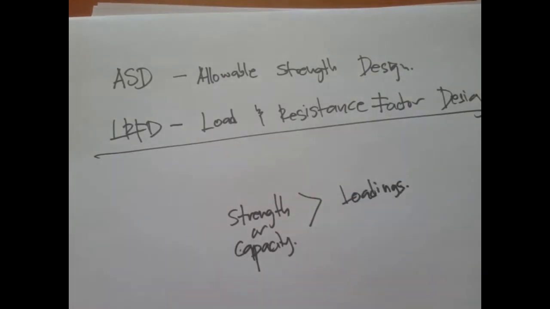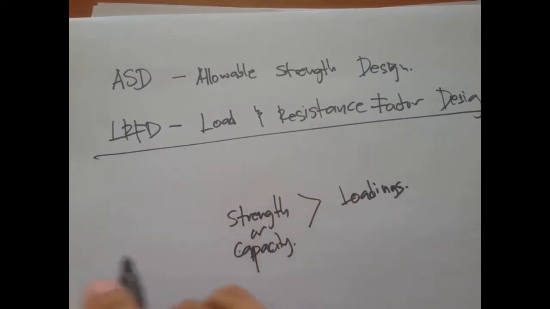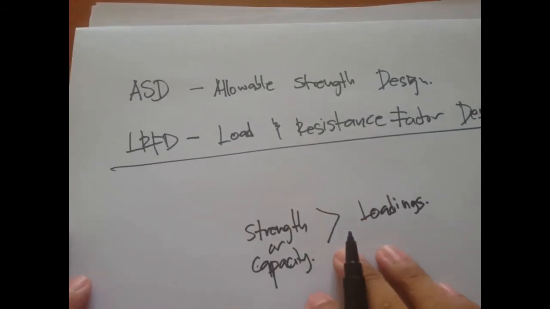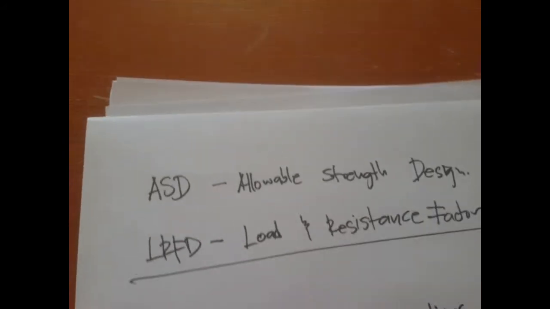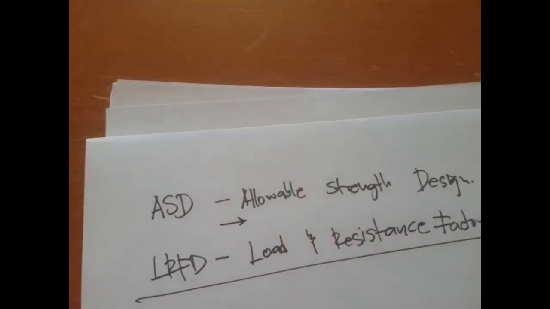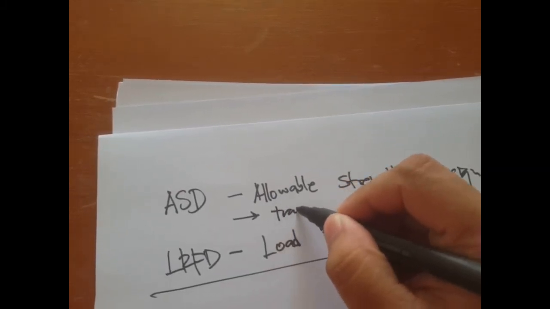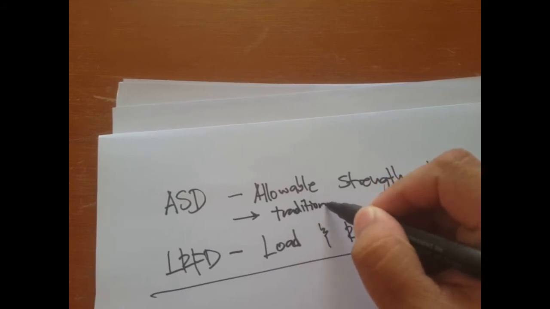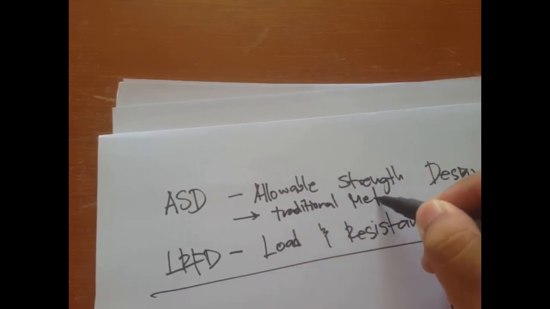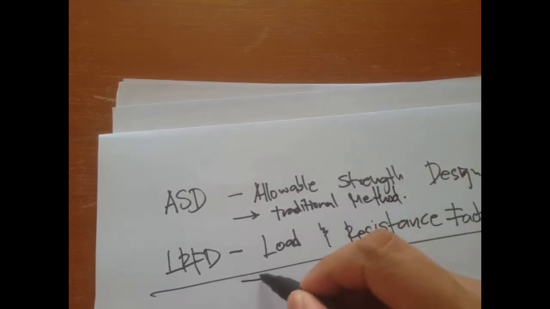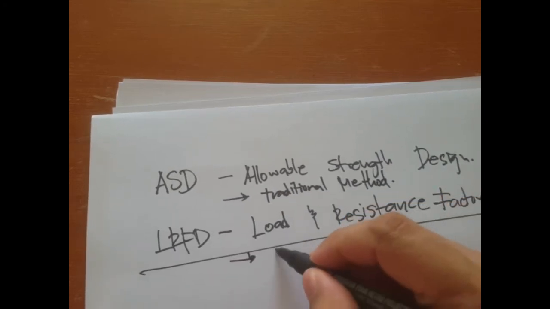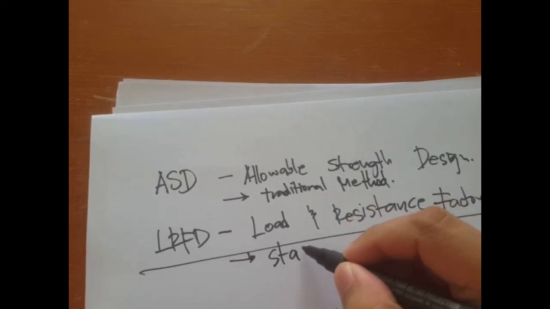That's the main idea behind these two methods or approaches. The allowable strength design is commonly referred to as the traditional method, whereas the LRFD is based on a statistical approach.